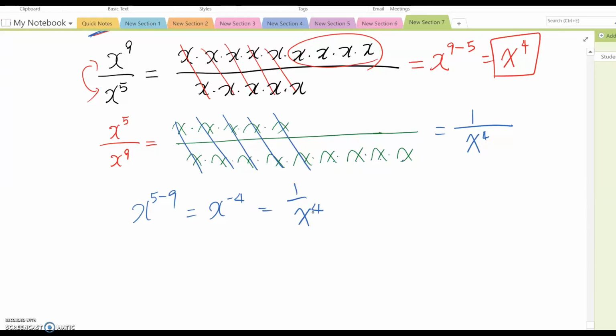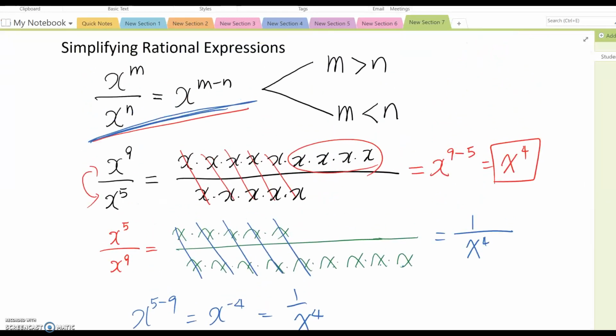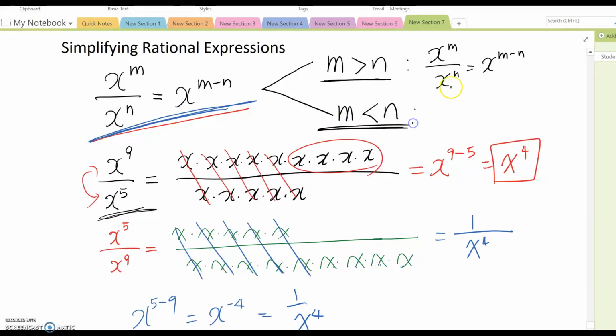But can we develop a little shortcut? If m is bigger than n, you can say x to the m over x to the n becomes x to the m minus n. However, if the denominator degree is bigger than the numerator, then we can develop this property: x to the m over x to the n equals 1 over x to the n minus m.